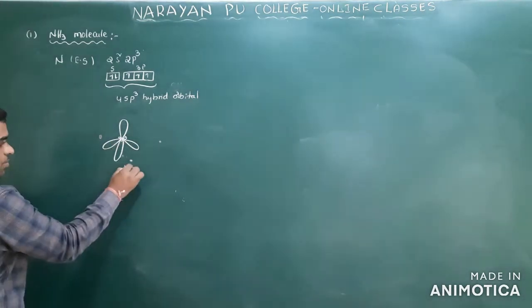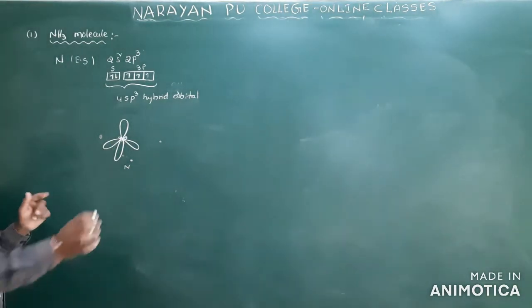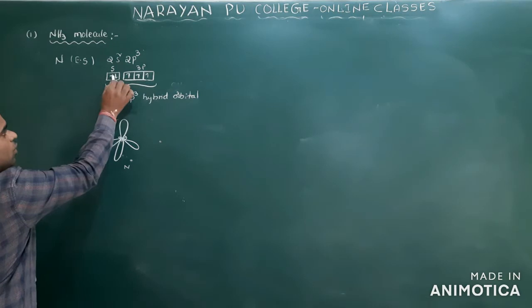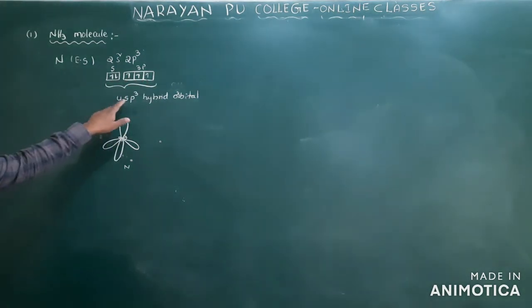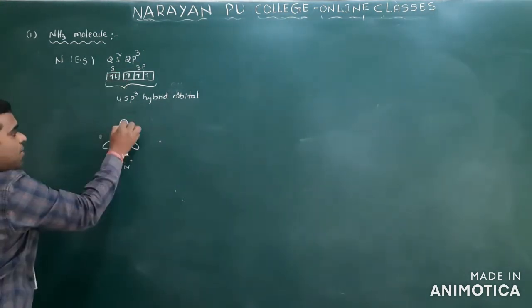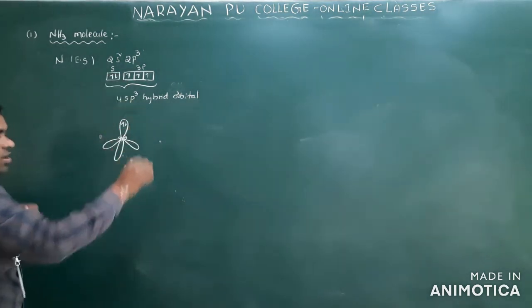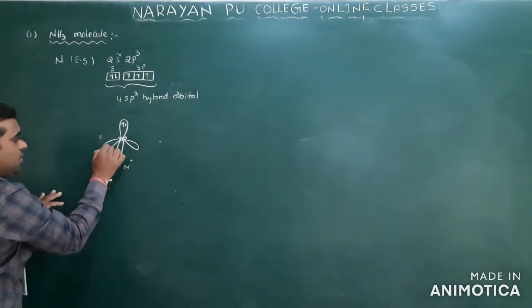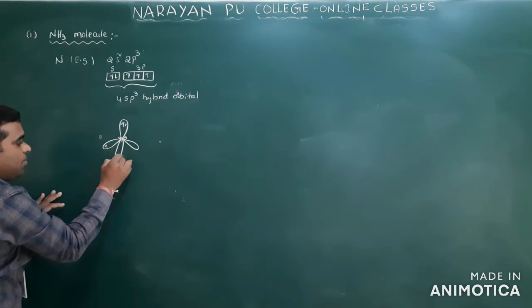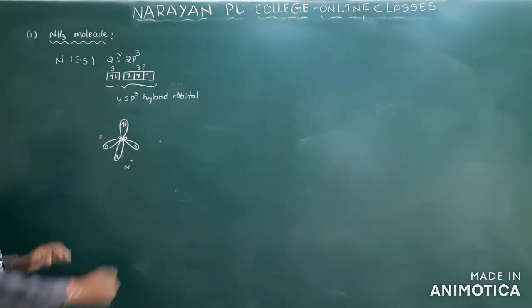So what is the central atom here? Nitrogen. Total how many orbitals are there? 4 orbitals. In those 4 sp3 hybridized orbitals, one sp3 hybridized orbital has a lone pair, or non-bonding electrons, and the remaining 3 sp3 hybridized orbitals each have one single electron.